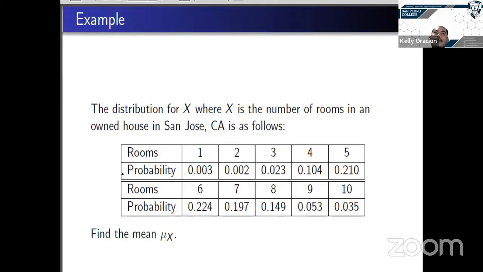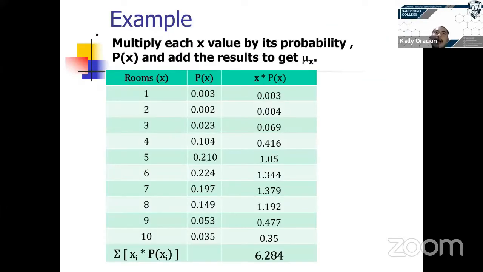How are we going to find the mean? It's easy. It says here, multiply each x by its probability value.